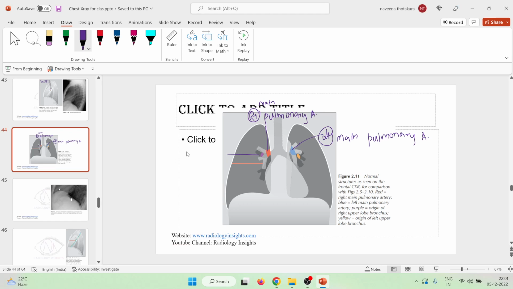Here you can see the right upper bronchus. The right upper lobe bronchus is seen here. Similarly, this is the left upper lobe bronchus. So this is the labeling in the frontal chest X-ray.